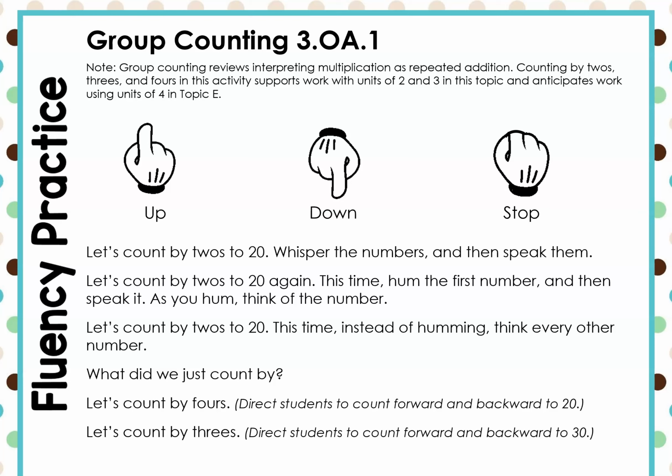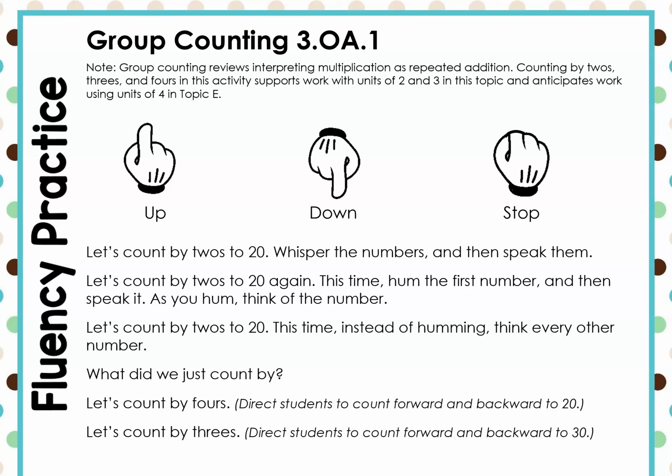This time, instead of humming, I just want you to think that number. If you need to, you can pause and just think it. Take that time to count that number in your head and then say the next number. Here we go. 2, 4, 6, 8, 10, 12, 14, 16, 18, 20.